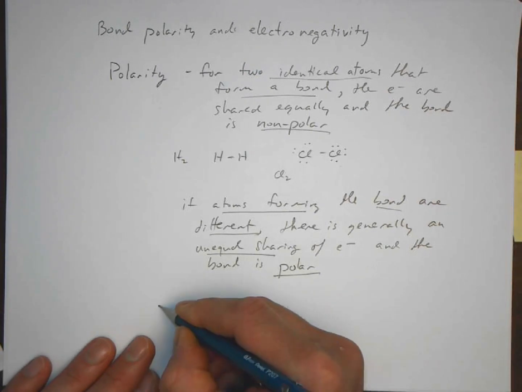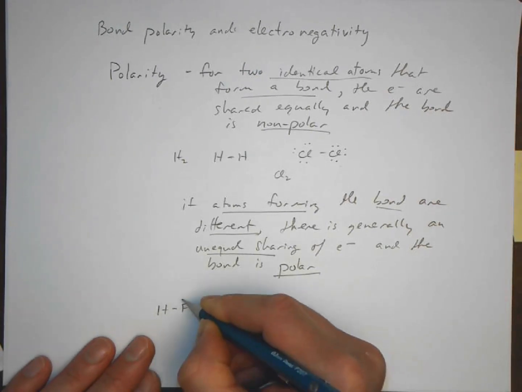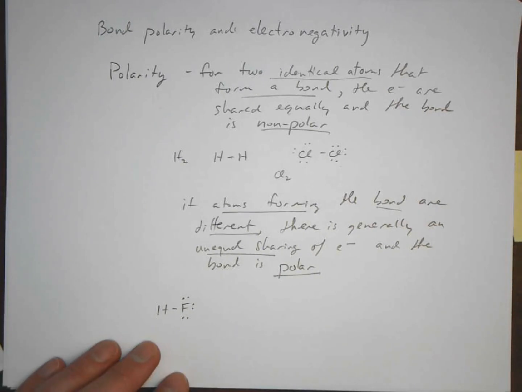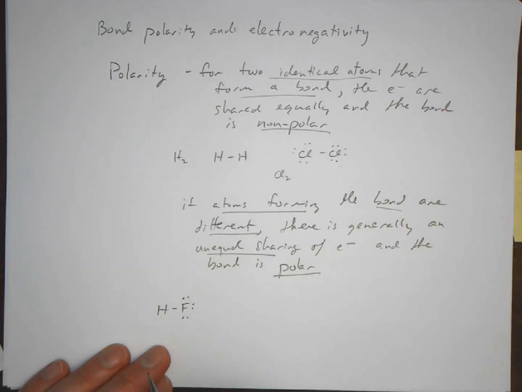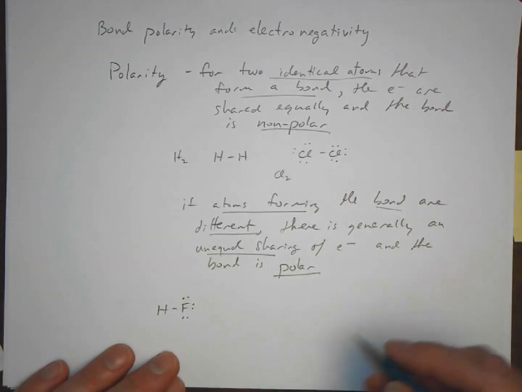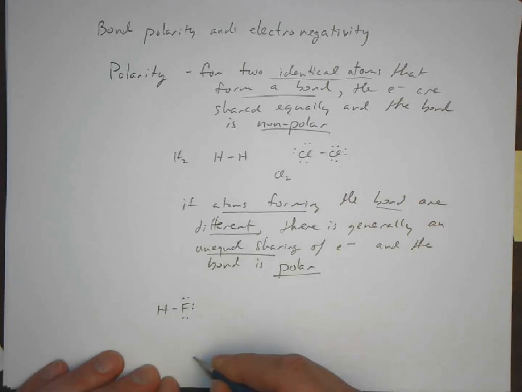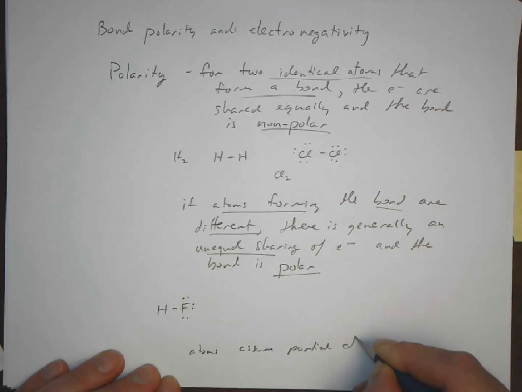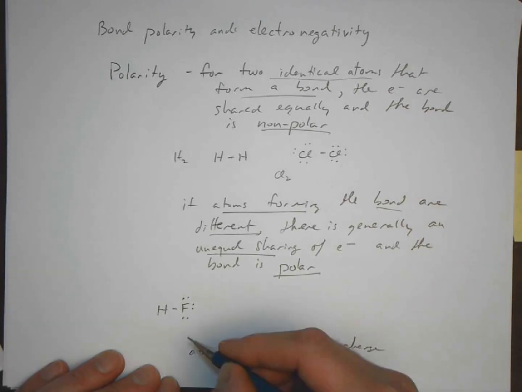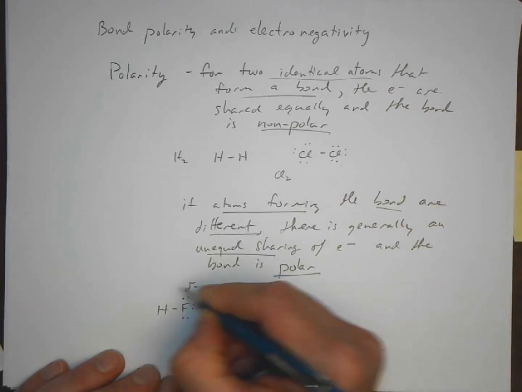I'll show you a couple of examples of this, where we would have a polar bond. If we have hydrogen fluoride, the HF molecule, there's an unequal sharing of electrons between these two atoms, and the atoms sort of assume a partial charge. And the way we would illustrate that is by doing this.